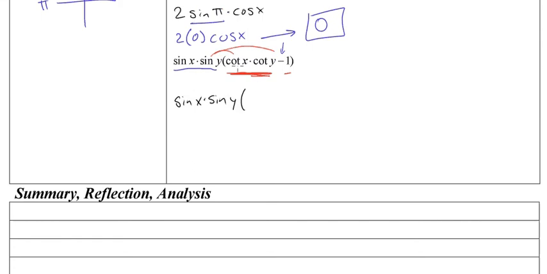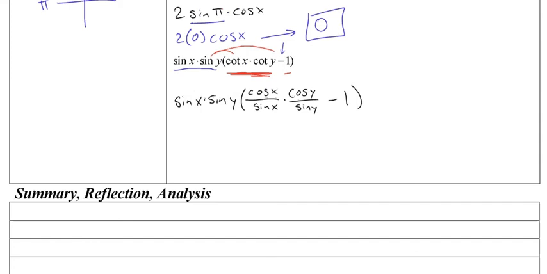And then on the inside, well, what is cotangent? That's cosine of x over sine of x. And then cotangent of y is going to be cosine of y over sine of y. And this will make it a little bit easier to see what's going to cancel out here in this next step. -1. So all we did actually right here was rewrite cotangent into cosine over sine.